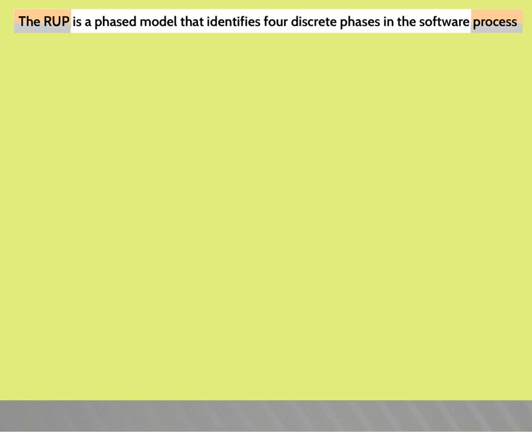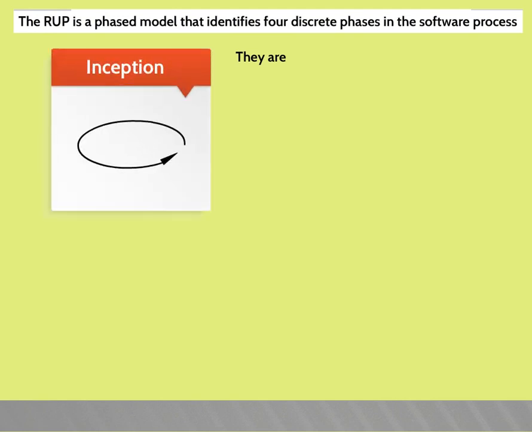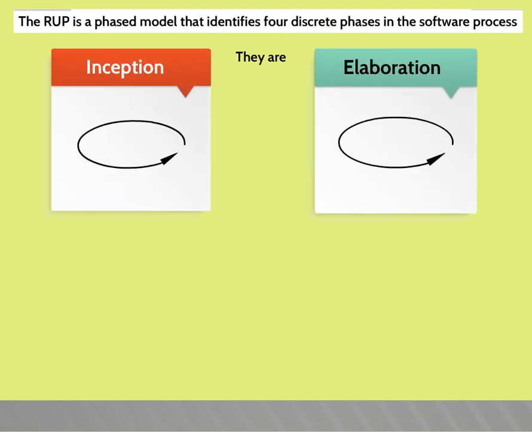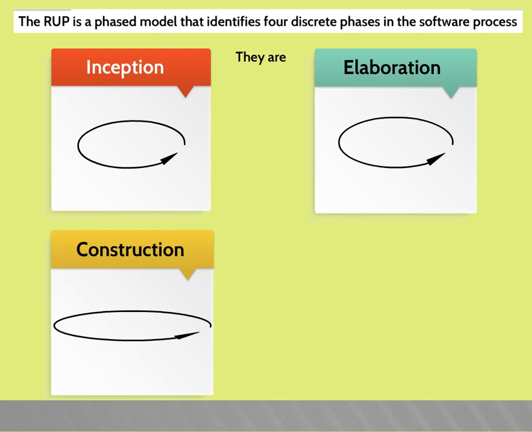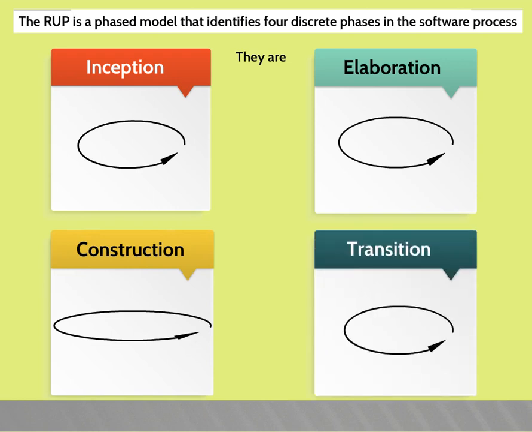The RUP is a phased model that identifies four discrete phases in the software process. They are inception, elaboration, construction, transition.